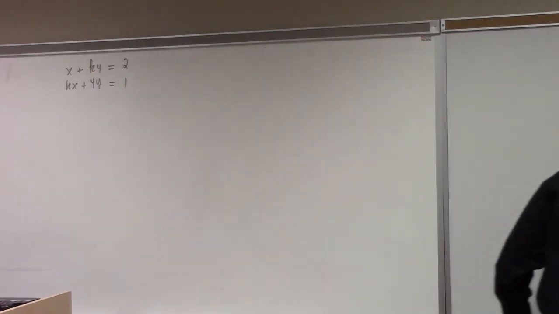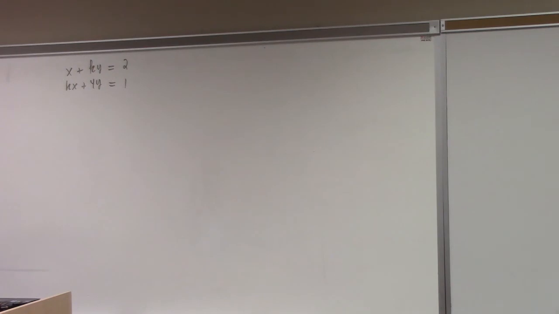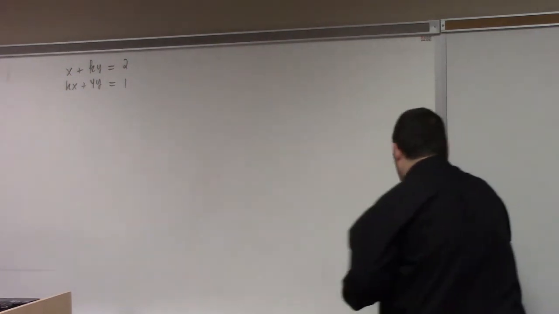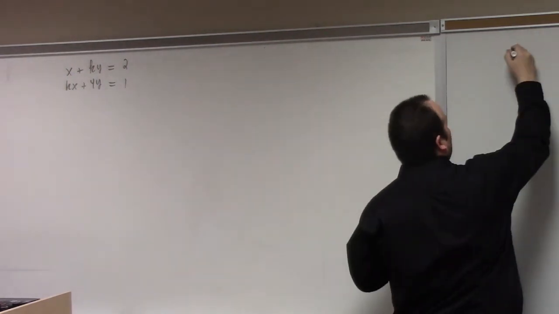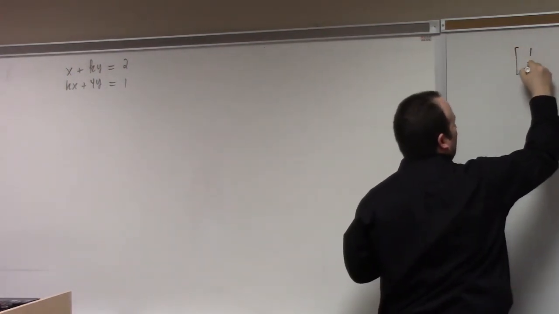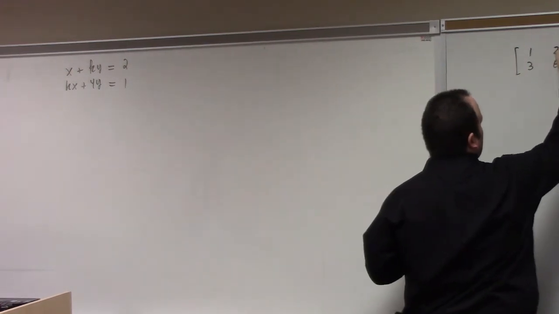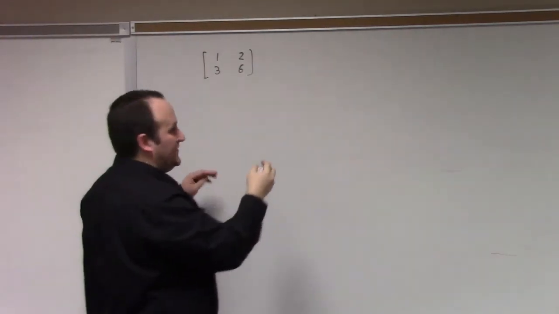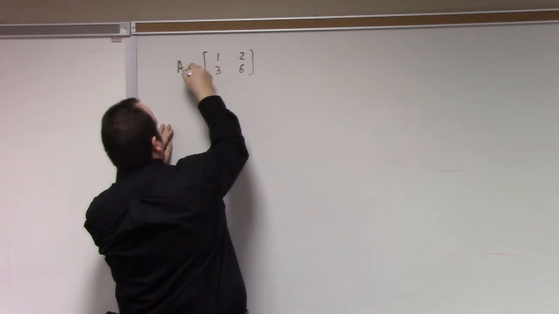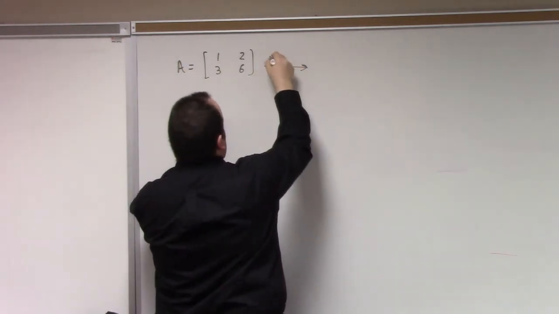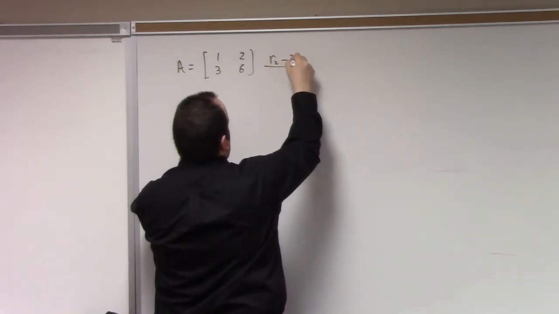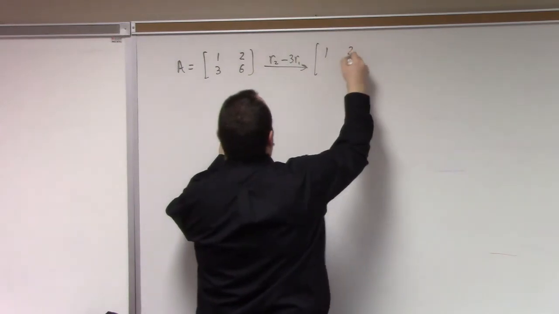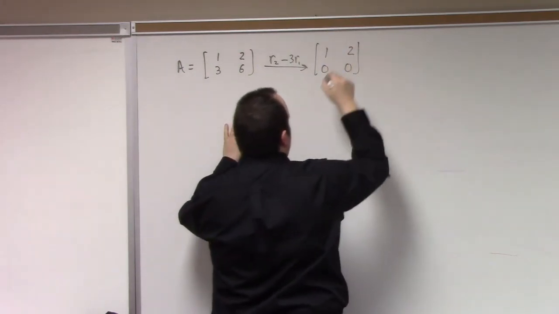I am now remembering the other thing I need to do for you guys, which you will ask me about soon. I think this will answer the questions you're about to ask. So suppose we look at the matrix with rows 1, 3 and 2, 6. Row reduce this thing. So here's A. Row 2 minus 3 times row 1 gives 1, 2, 0, 0.